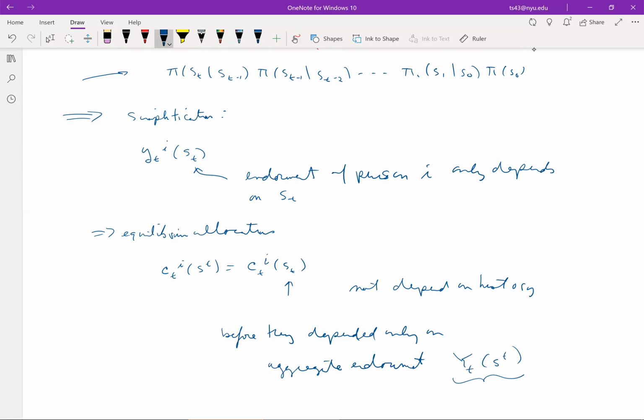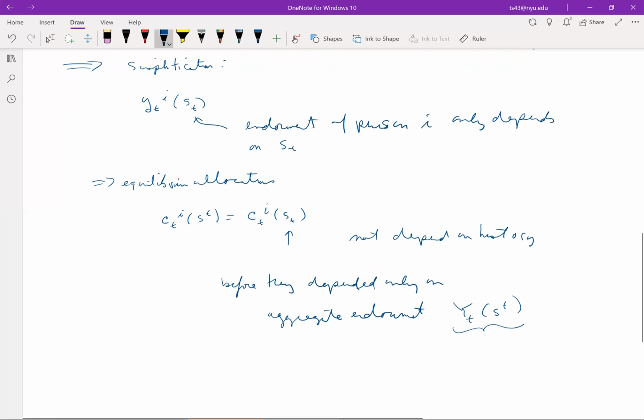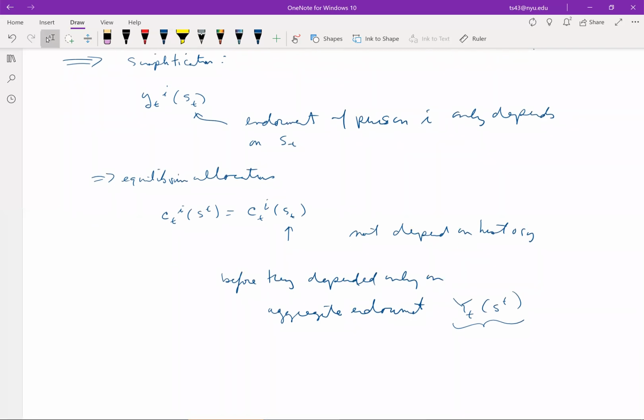Two histories that led to the same aggregate endowment produced the same allocation. But now, with the Markov property, they only depend on the current state.